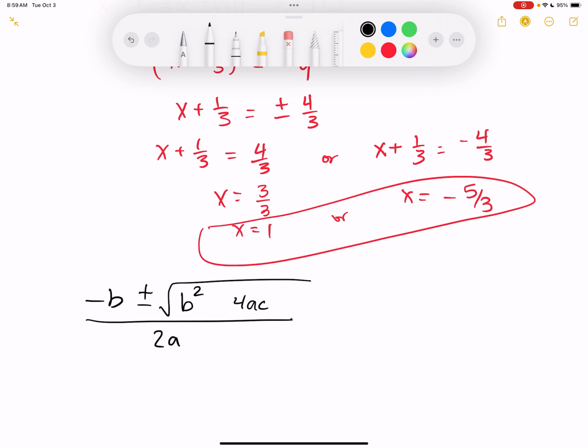Yeah. Negative b plus or minus the square root of b squared minus 4ac, all over 2a.